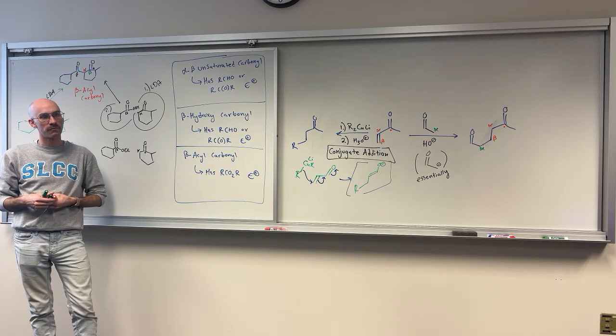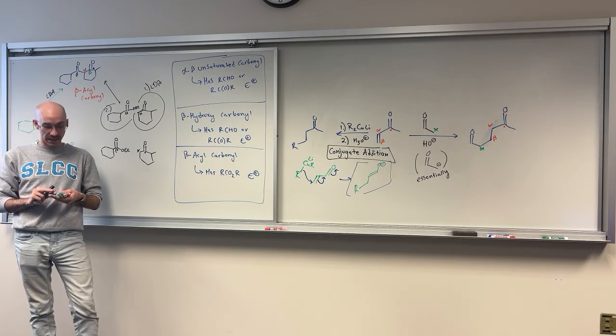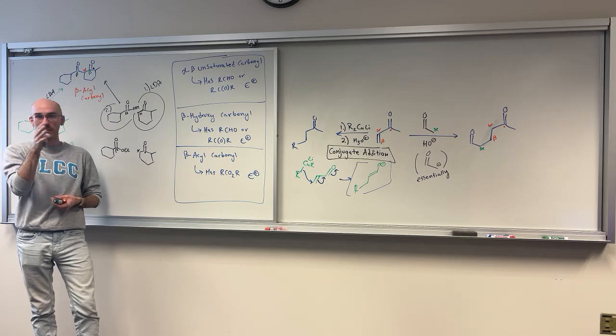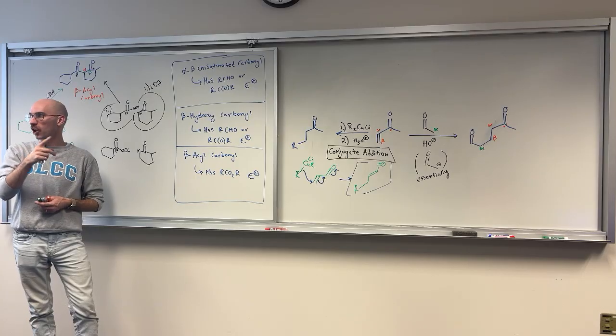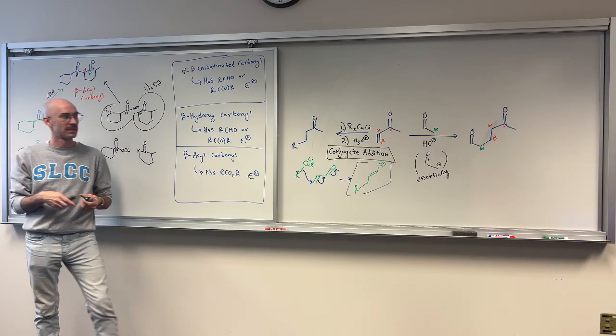What would you call that functional group? I think you came up with the name for this one last time. That would be a good answer, but it can be really hard to find it. A shared beta dicarbonyl. Both of those carbonyls now have a shared beta position.